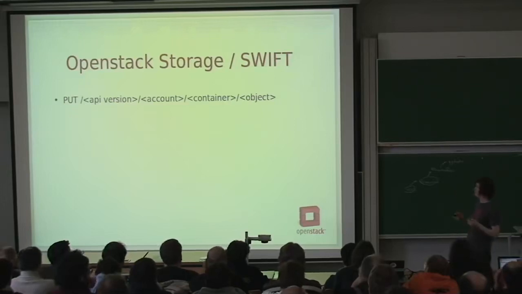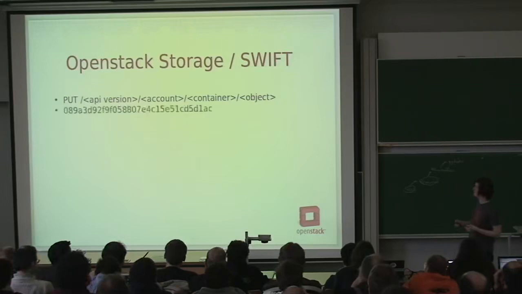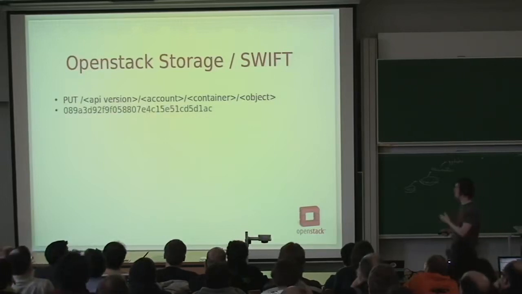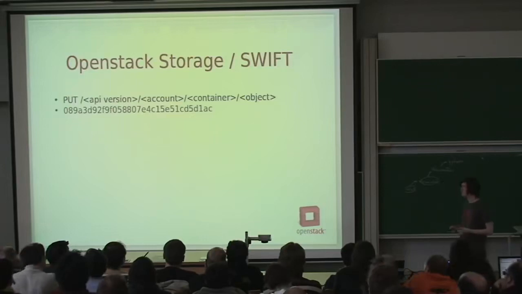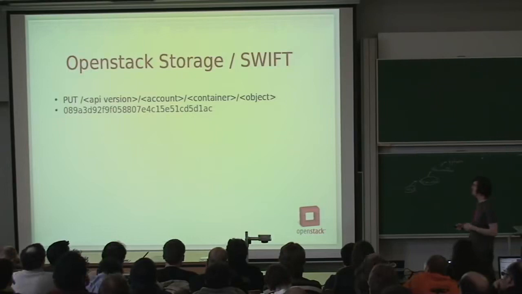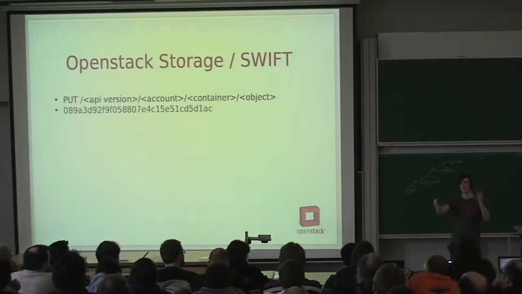What happens is that Swift looks at that, stitches these 3 elements together, and calculates the MD5 sum of it, or some kind of a checksum anyway. I believe it's MD5. And then the first 4 bytes uniquely define which 3 servers on the back end are going to hold this particular object.